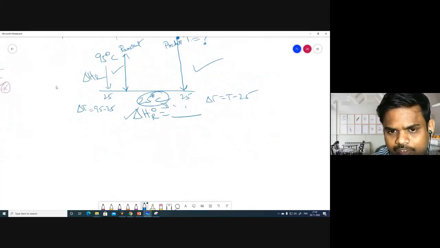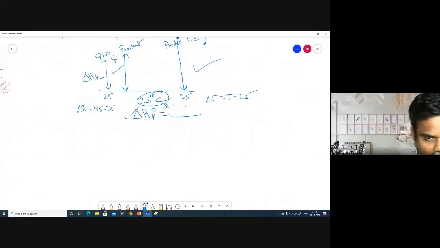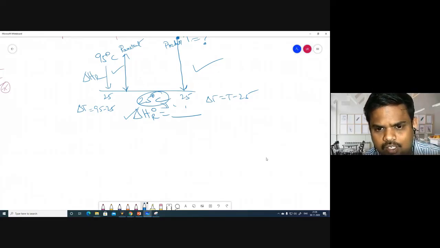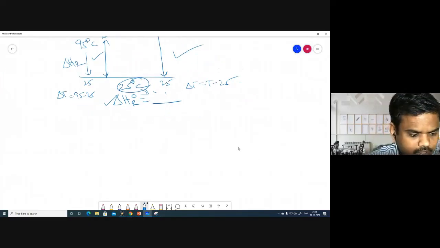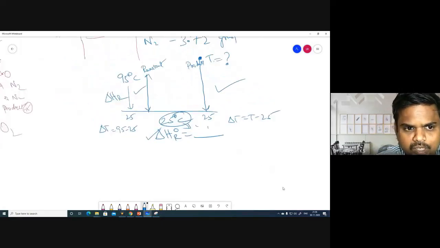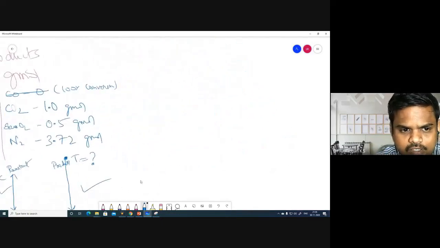But whether it is exothermic or endothermic, you have to take into account. Heat is liberated or absorbed, so the sign convention should be taken care of. Shall we determine the delta H of the reactants?